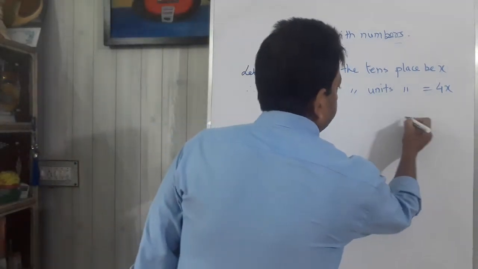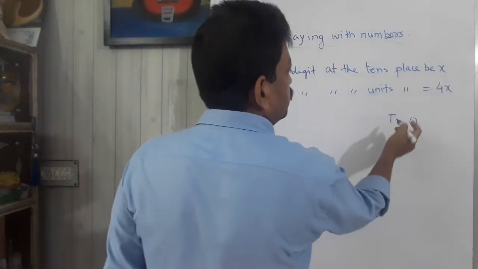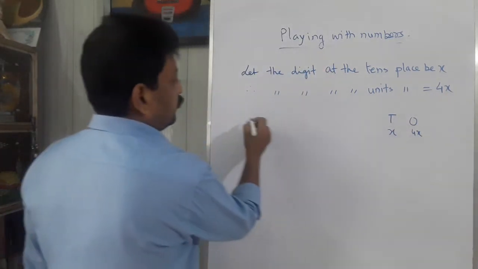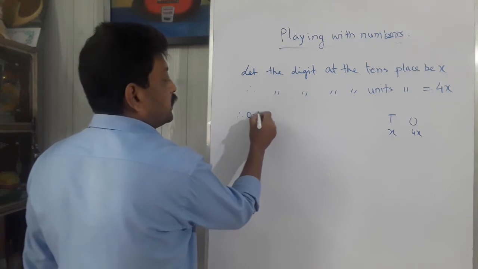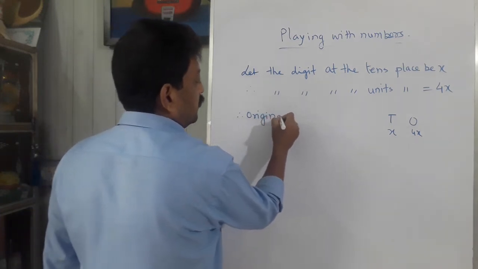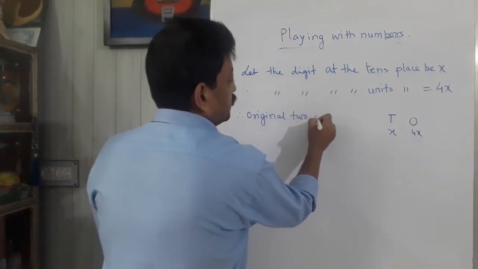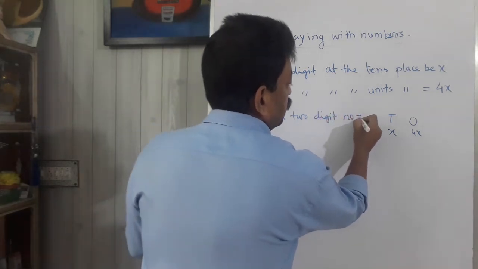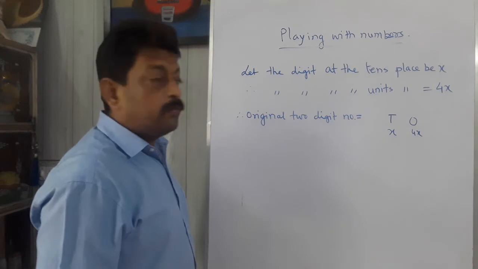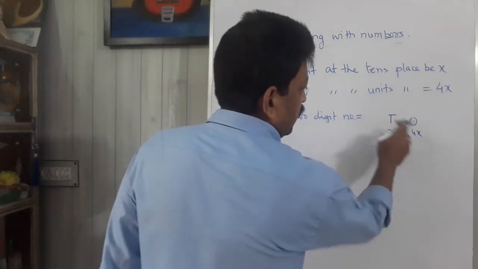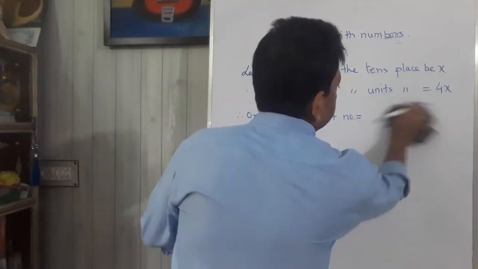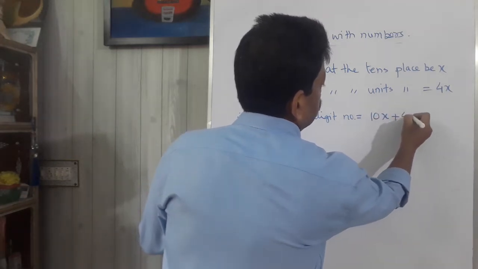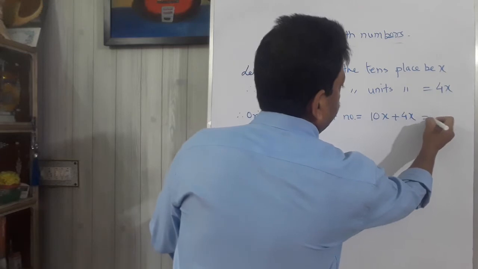So here the tens digit is x and the ones digit is 4x. Therefore the original 2-digit number will be 10 into x plus 4x, that is 10x plus 4x. So we can write 14x also.